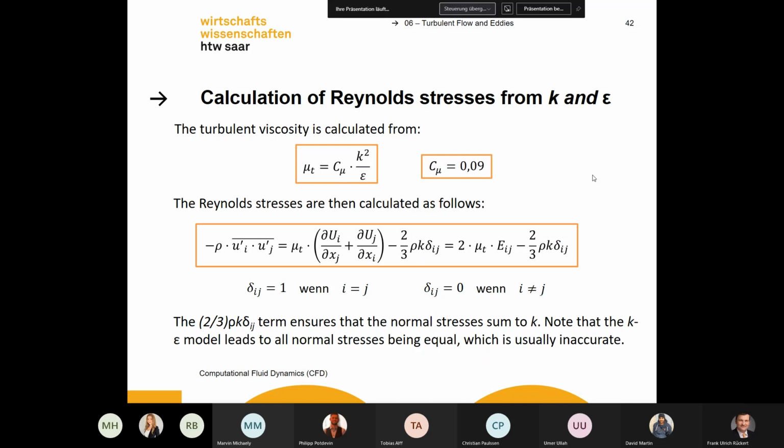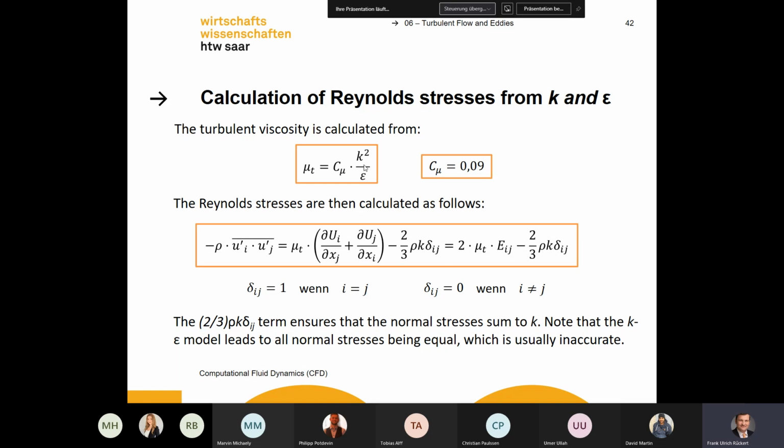Okay. Now, if you want to recalculate the Reynolds stresses and you want to introduce this amount of turbulence, if you want to describe the change of momentum by turbulence, you can do it with the so-called turbulent viscosity.